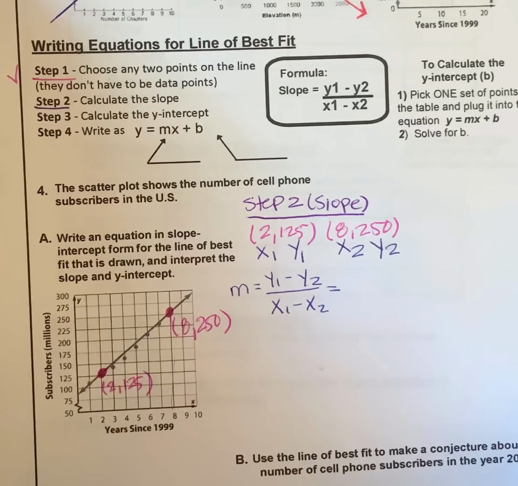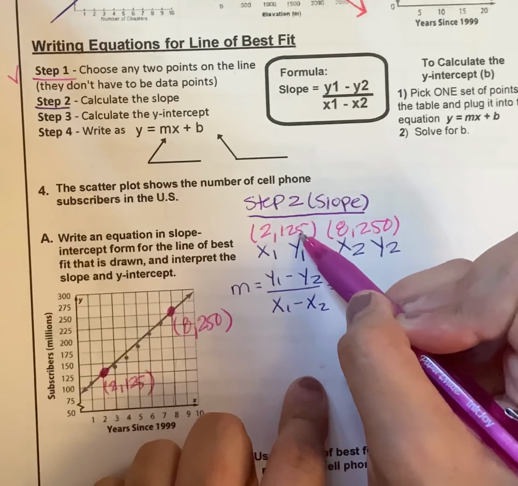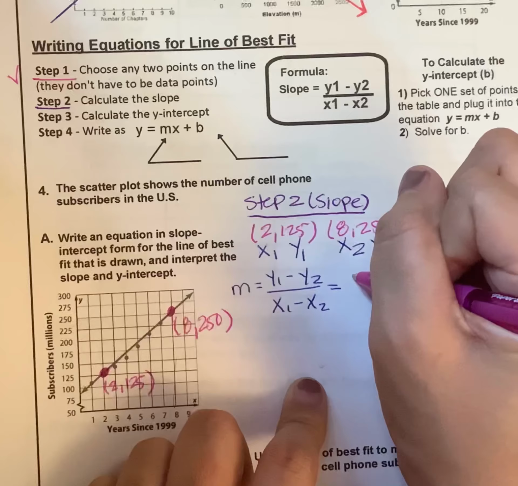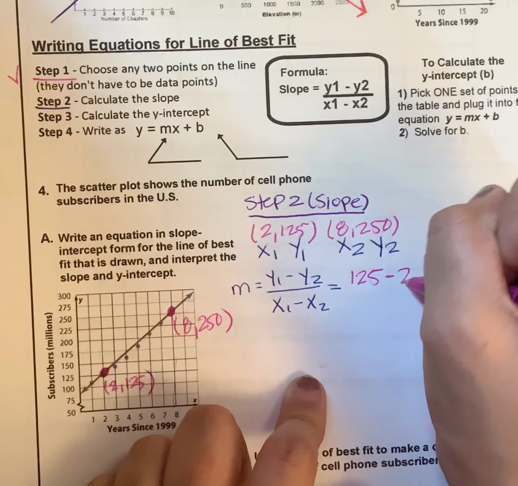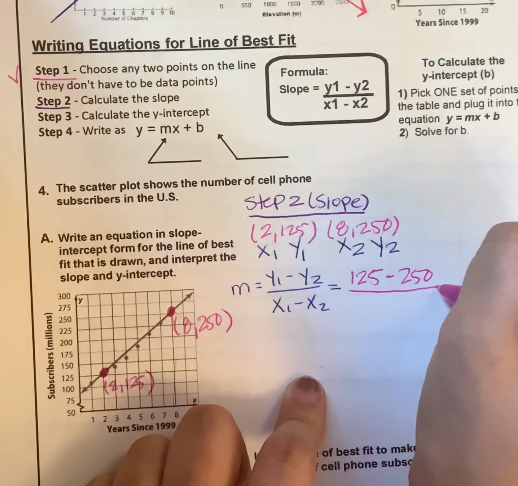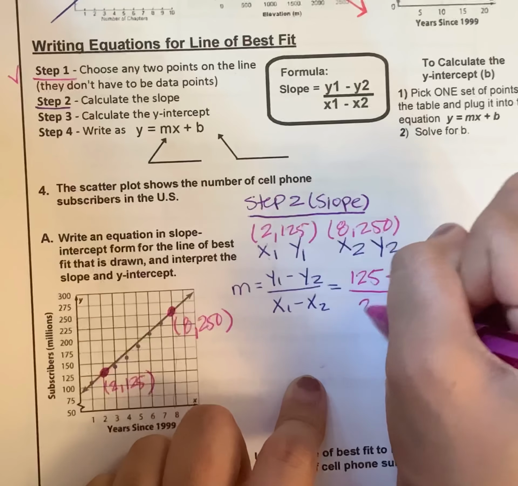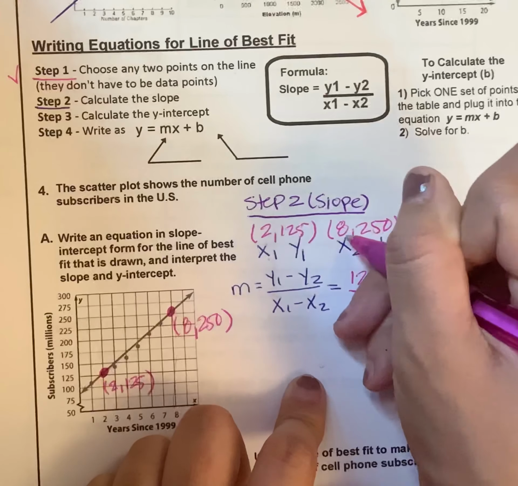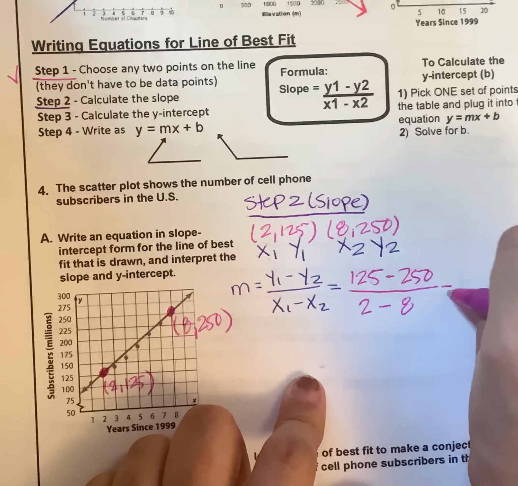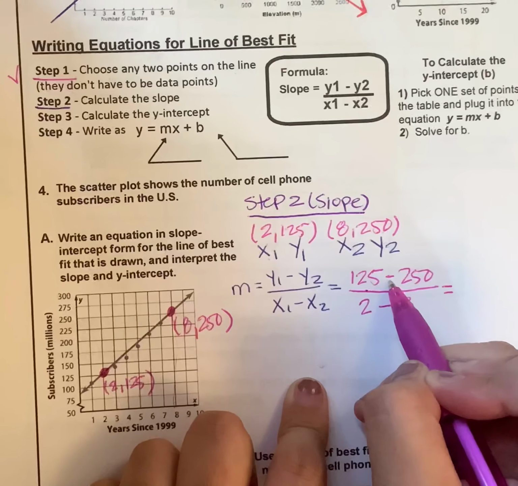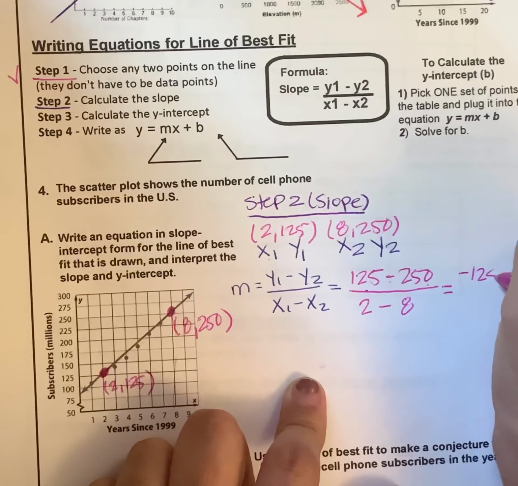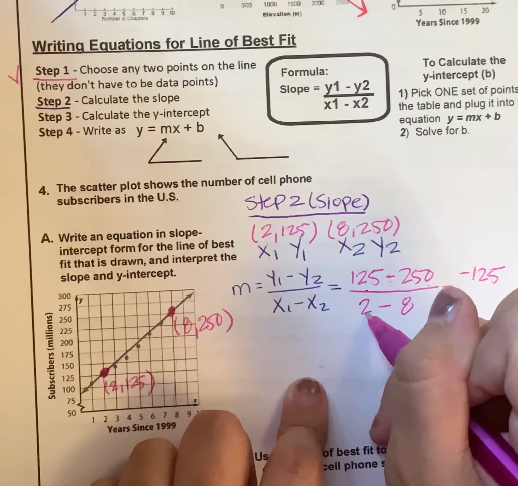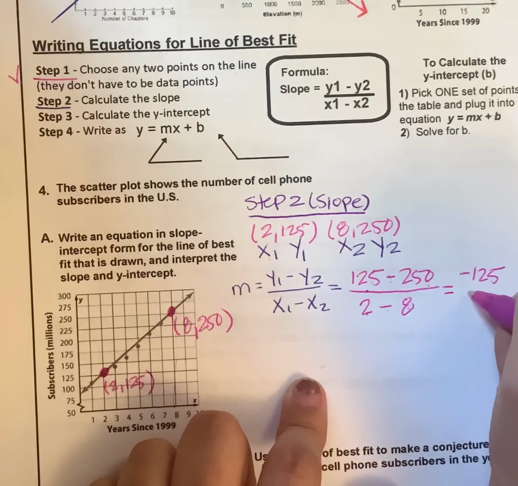So when we plug that in, our y1 is 125, our y2 is 250, our x1 is 2, and our x2 is 8. 125 minus 250 is negative 125. 2 minus 8 is negative 6.